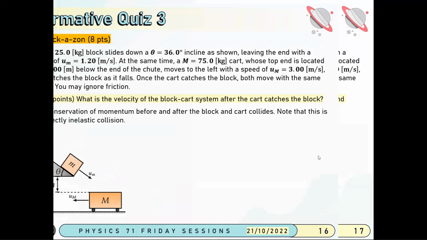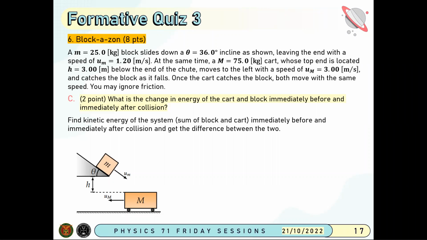That is for B. And then for letter C, finally, what is the change in energy of the cart and block immediately before and immediately after the collision? Okay. So immediately before and immediately after the collision. So we find the kinetic energy of the system for both. So this is the total of the block and cart immediately before and immediately after, and get the difference between the two.